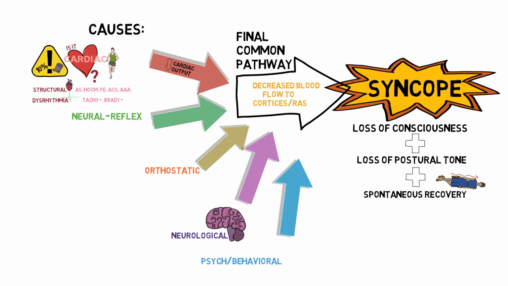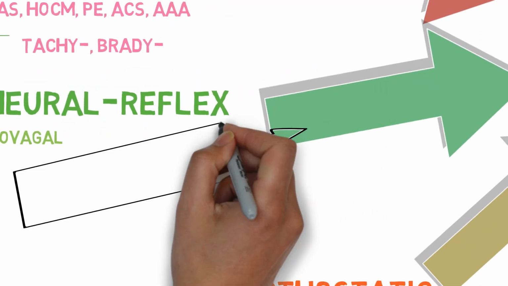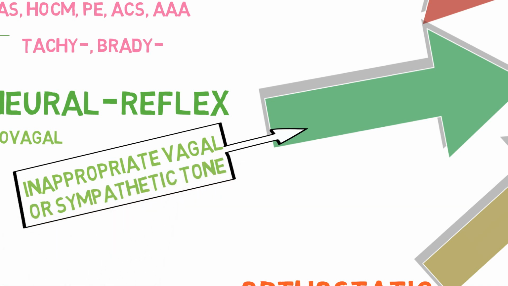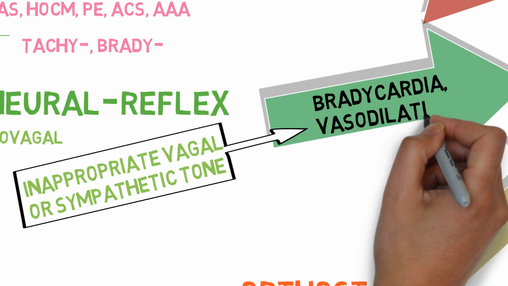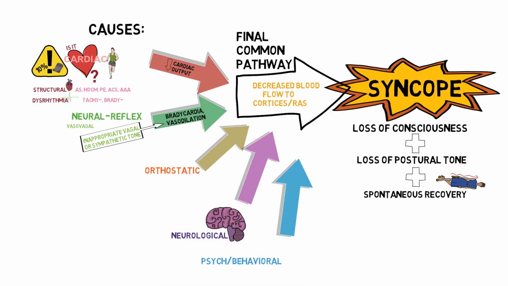Next, we'll talk about some neural reflex causes of syncope. This category includes the common vasovagal syncope. Neural reflex syncope just means that there is some inappropriate vagal or sympathetic tone, each of which can lead to bradycardia or vasodilation, leading yet again to our final common pathway and syncope.